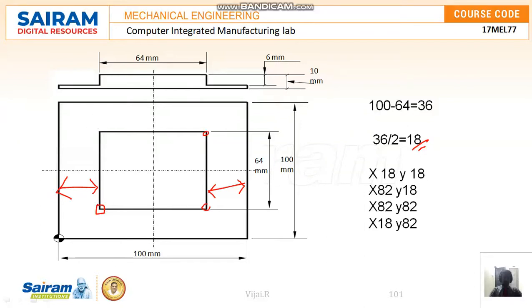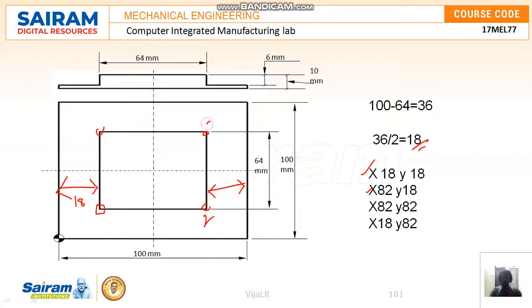So the final positions, as per this, the first one is 18, 18. So here it comes x18 and y18, and this is 64. So include this 64 here, so we will get the second position. This is x82 y18, because 18 plus this 64 we will get 82.